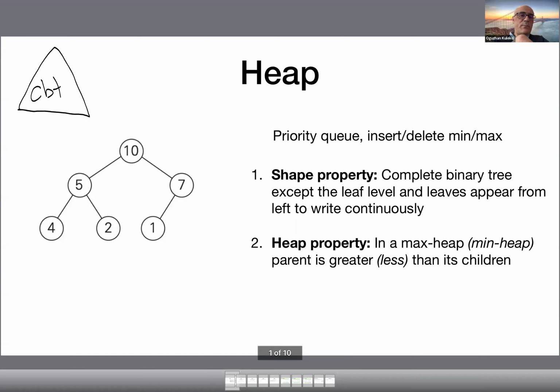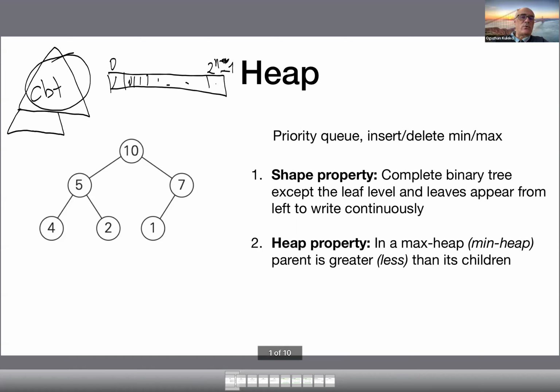So since that is a complete binary tree, I will have an array from 0 to n minus 1, right? And every position in this array is occupied, as they are in this complete binary tree. And then I have the leaf nodes.